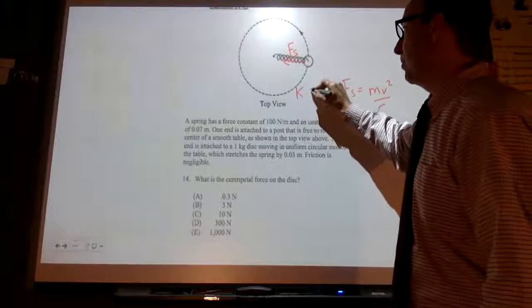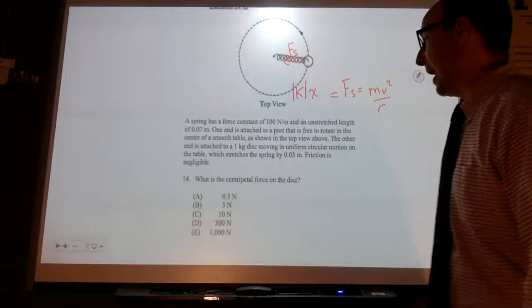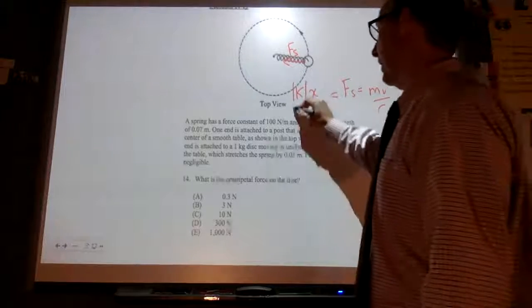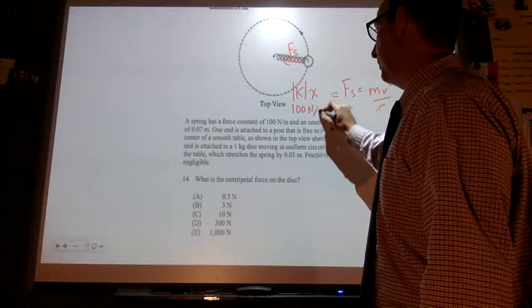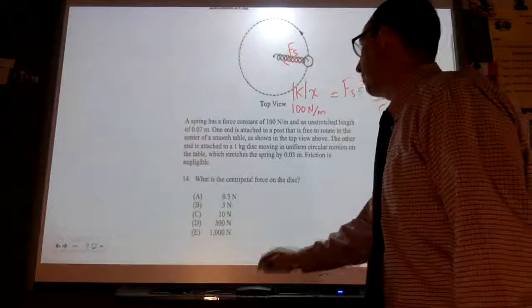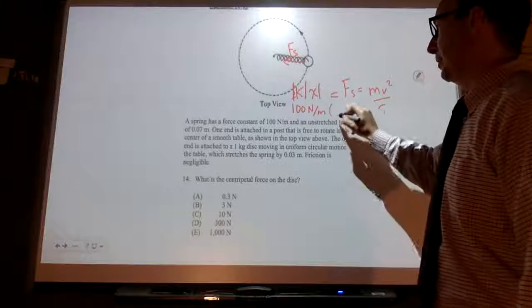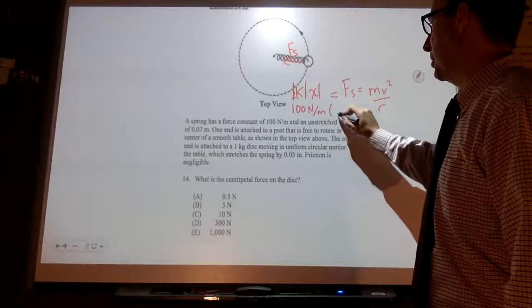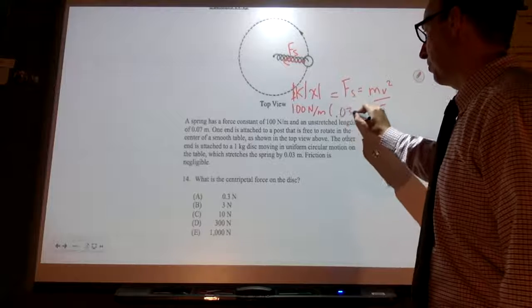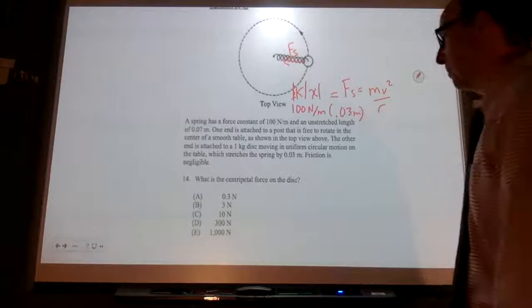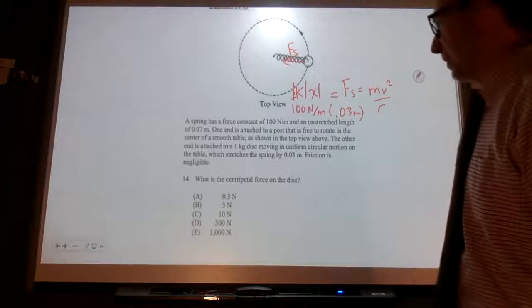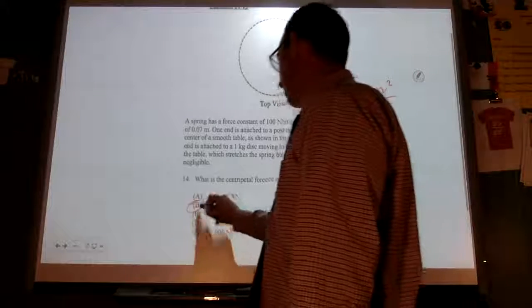Well, we know this is equal to kx. So our k is 100 newtons per meter, and we're saying that it stretches by 0.03 meters. And so this would be 3 newtons.